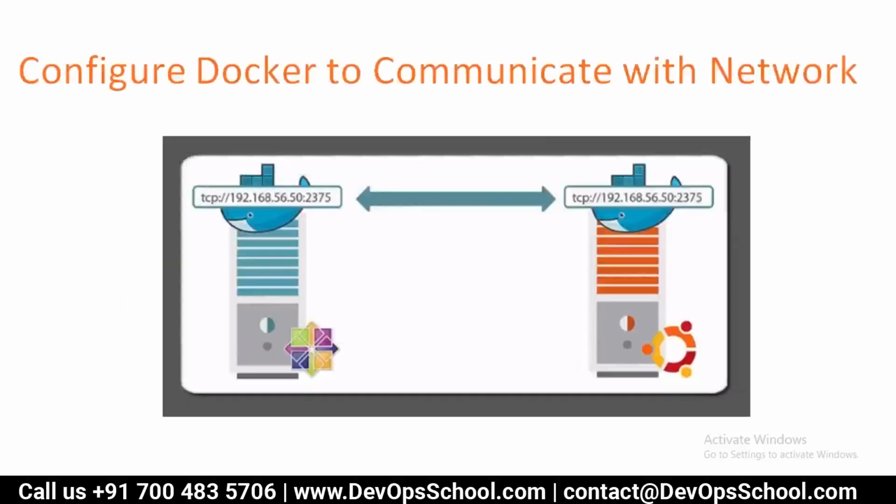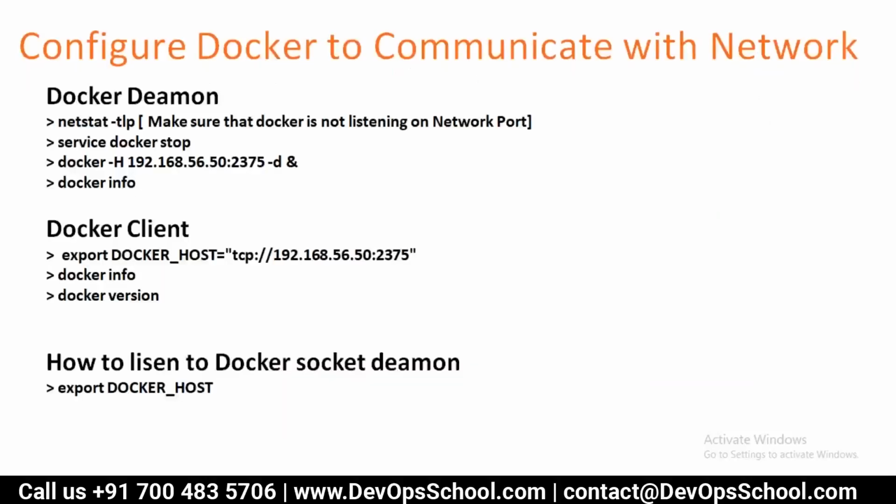Here again we are talking about the Docker Engine. Here you have two Docker daemons actually. By default, the Docker client resolves to the Docker daemon on the same host. But if you are running the Docker daemon on a different host and the Docker client on another host, then you have to export one variable for the Docker client, called DOCKER_HOST.